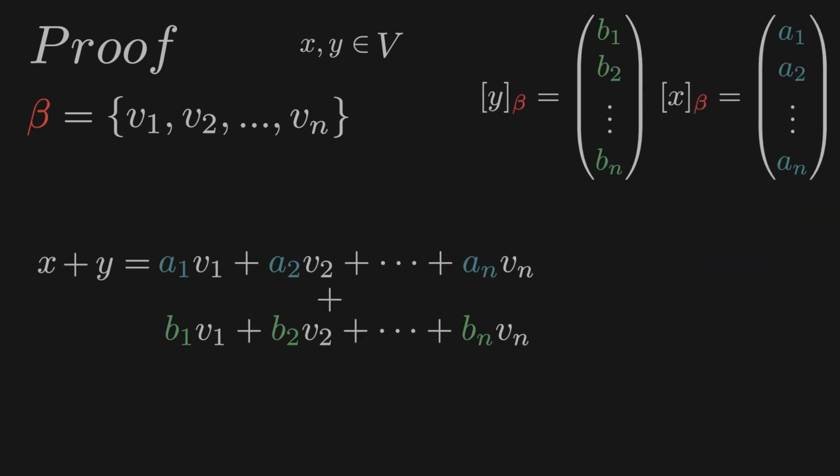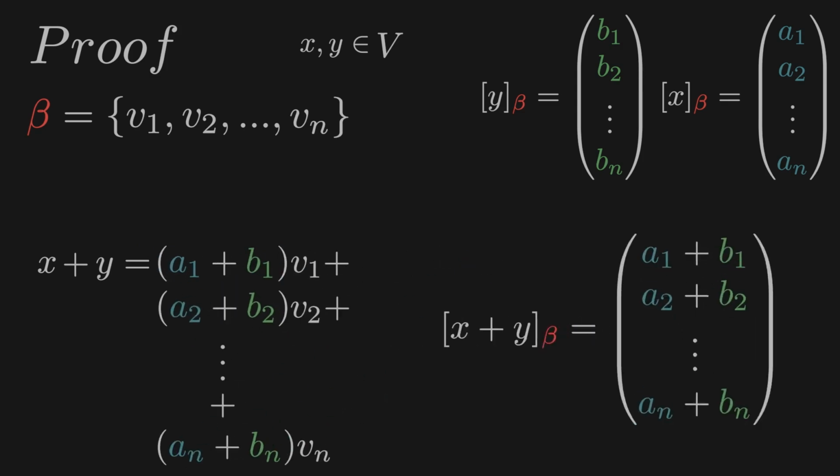So we can add and combine like terms, so the coordinate vector for x plus y is equal to a1 plus b1 all the way up to an plus bn, which is the sum of the coordinate vectors for x and y.